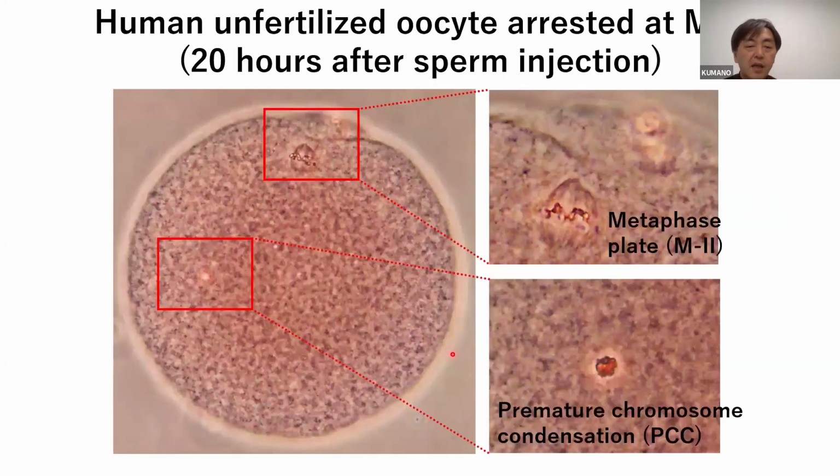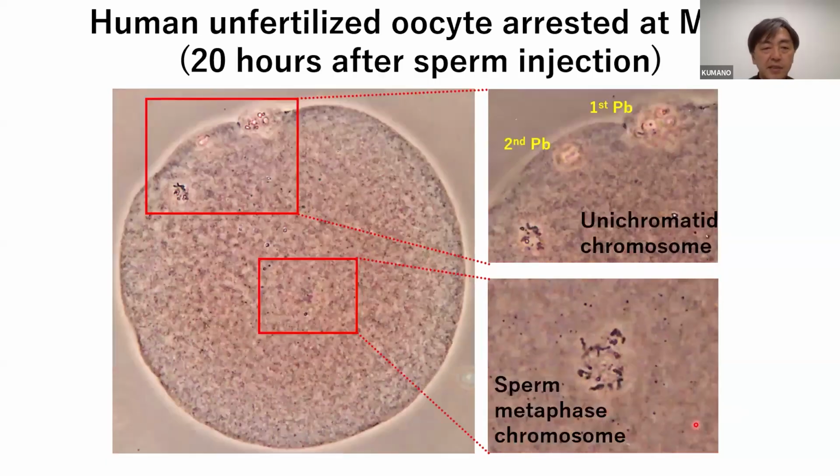This is a picture of human unfertilized oocytes arrested at metaphase 2, namely without second polar body extrusion. Here we can observe the oocyte metaphase plate, and here is sperm premature chromosome condensation.